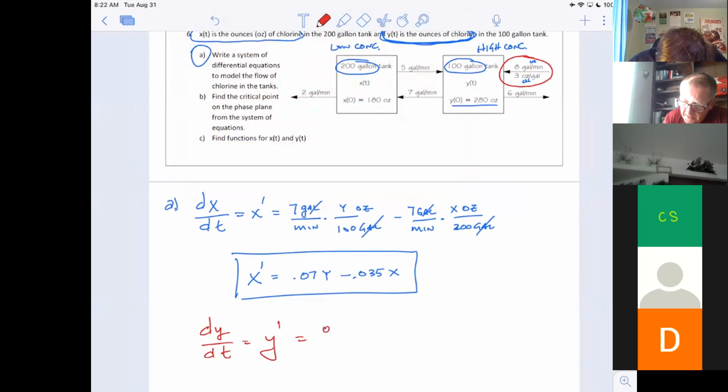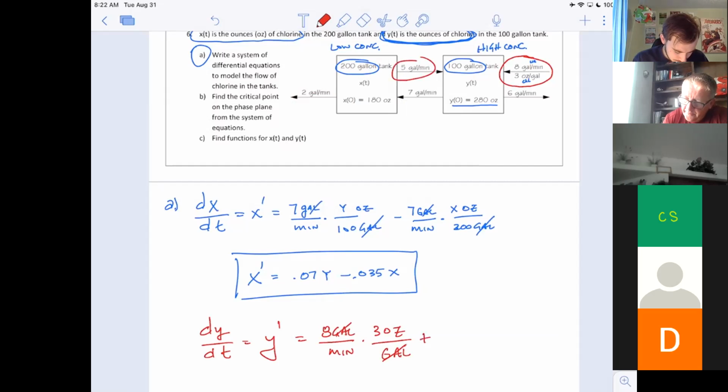And again, notice the units. It's 8 gallons per minute of liquid coming in times 3 ounces per gallon of chlorine. And so 24 ounces per minute. That's a lot of chlorine coming into the tank. But what else do we have coming into the tank? Well, we've got this 5 over here.